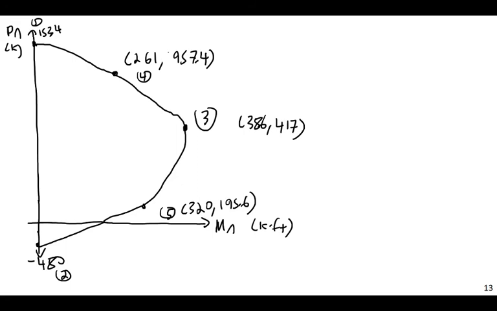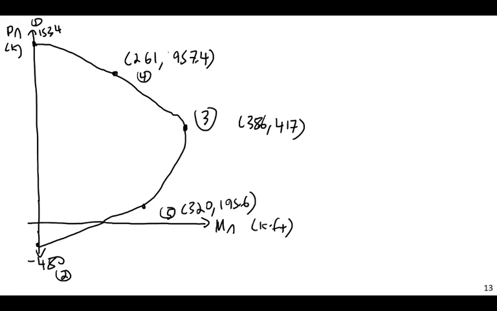However, what is the problem with this? We have a glaring omission. This is nominal capacity. Can we actually design according to nominal capacity? No, we need to design according to the design capacity.